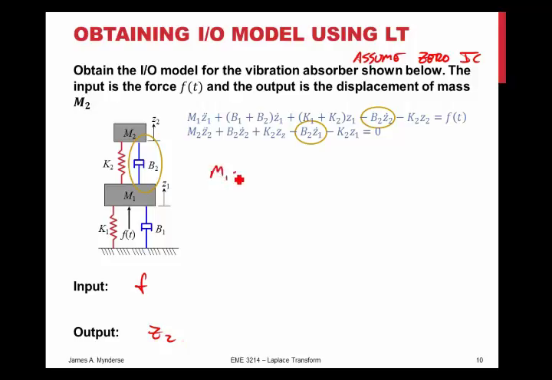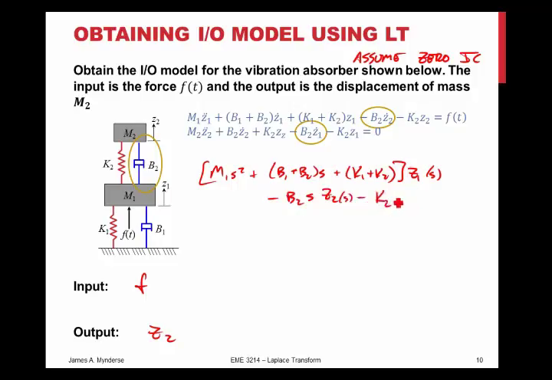So I could say m1 s squared plus (b1 plus b2) s plus (k1 plus k2), quantity z1 of s, minus b2 s z2 of s minus k2 z2 of s is equal to f of s.